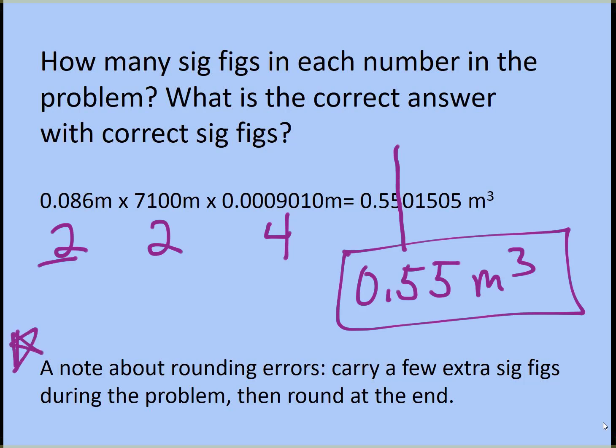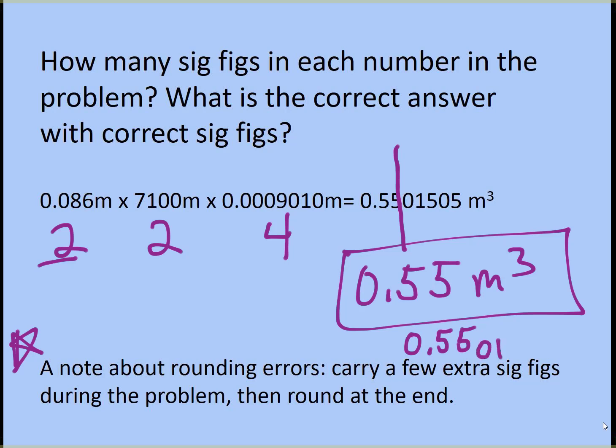And then I already talked about rounding errors. Carry a few extra sig figs during the problem if you need to. So on this one, if I need to carry it forward to do a math problem, in other words, if this wasn't my final answer, if I'm still doing something with this number, I would just carry a few extra sig figs.